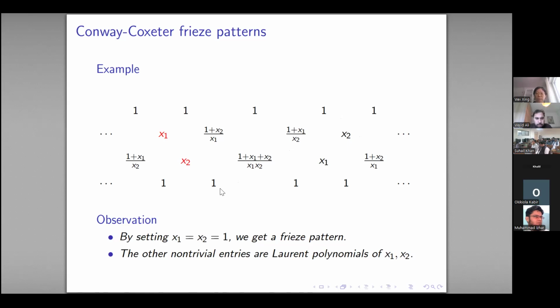So one fact is that all the other entries are Laurent polynomials in x1, x2, the two variables we start with. And another thing is that if we specialize x1, x2 to be 1, then all the other entries will be positive integers. That means we get a Frieze pattern.